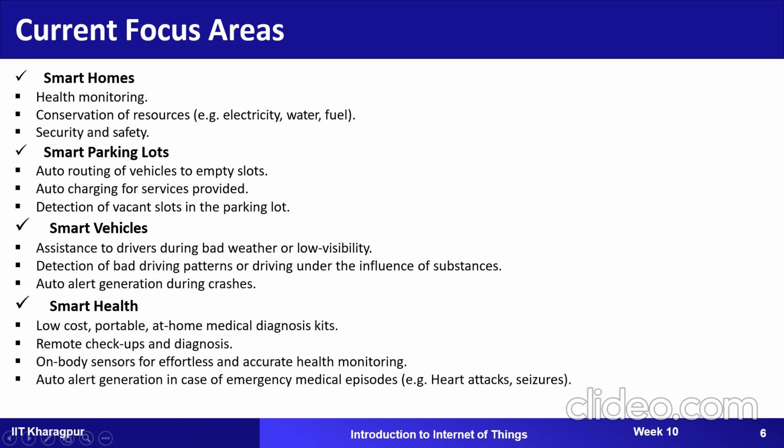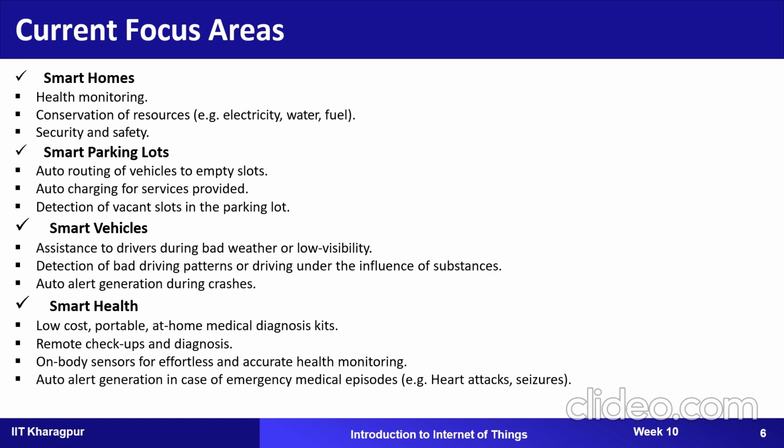Next is auto charging for services provided. For the amount of time your vehicle is parked in the parking lot, for that particular amount of time only the person has to pay.